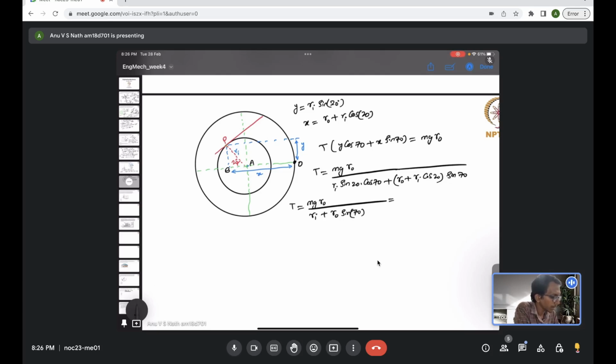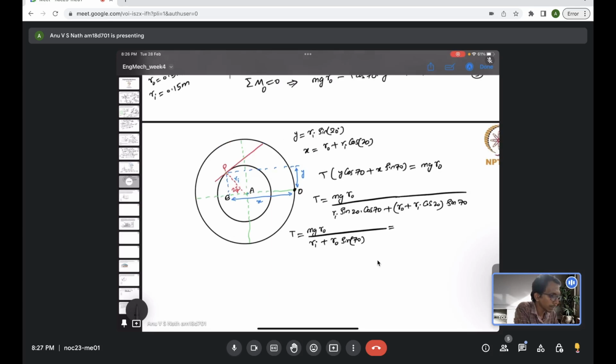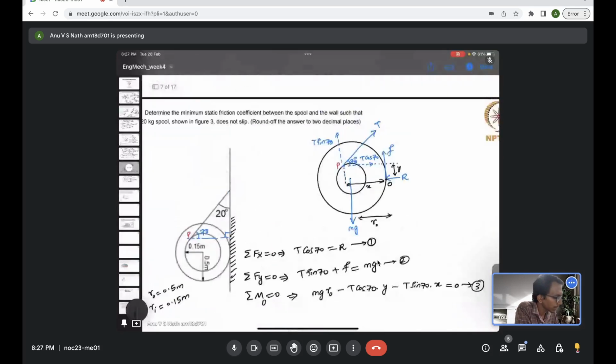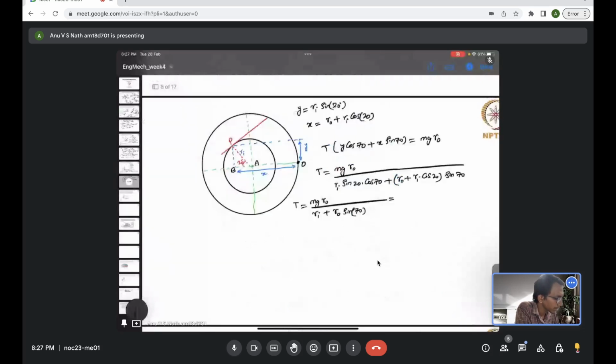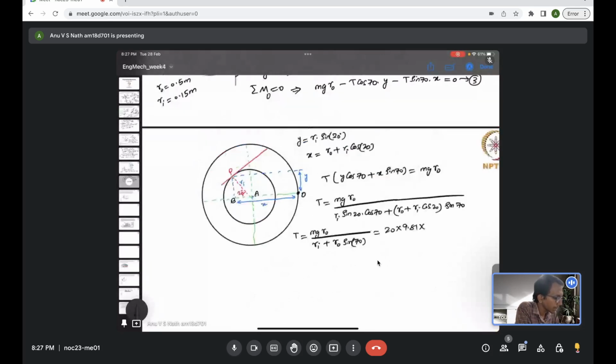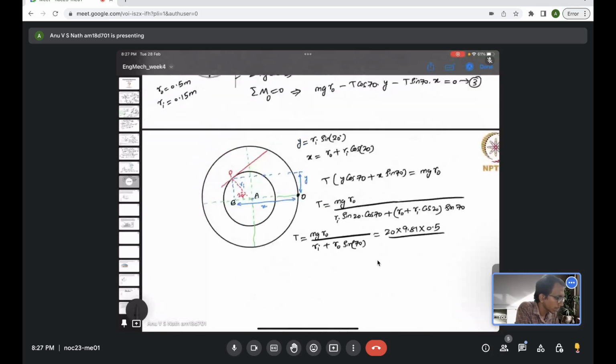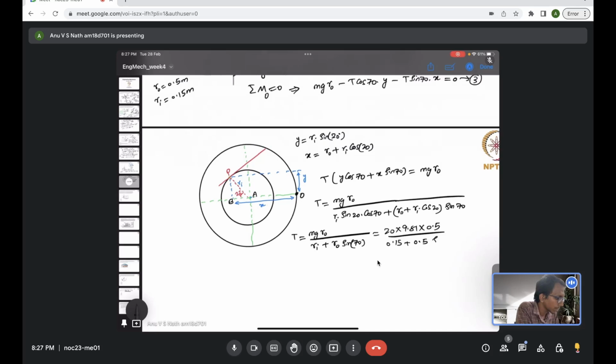So now if you put all the values, the mass was 20 kilogram, so it will be 20 into 9.81 times R outer. R outer was 0.5 meter, so it is 0.5 by R inner, which is 0.15, plus again 0.5 times sine 70. So let me evaluate it.